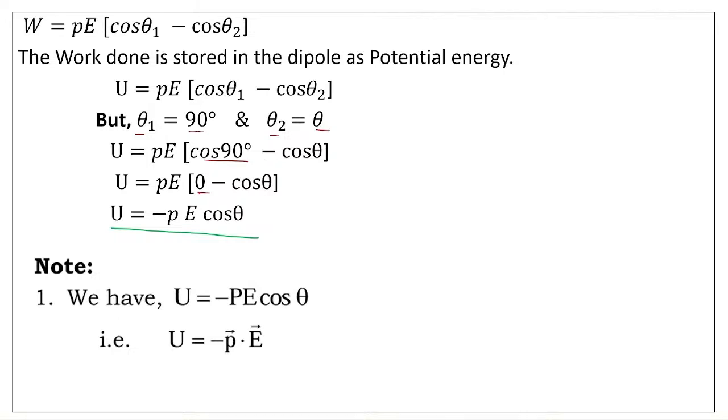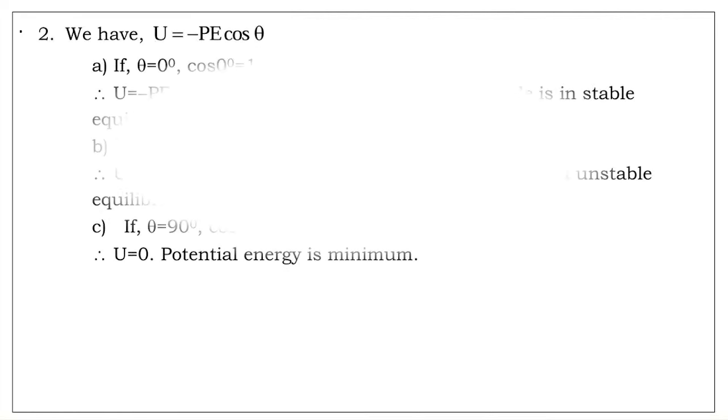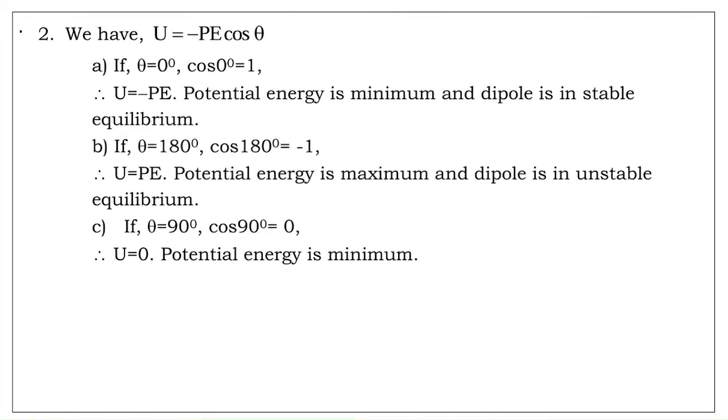Note 1. We have U is equal to minus PE cos theta. That is, U is equal to minus vector P dot vector E. 2. We have U is equal to minus PE cos theta. Therefore, A. If theta is equal to 0 degree, cos 0 degree is equal to 1.